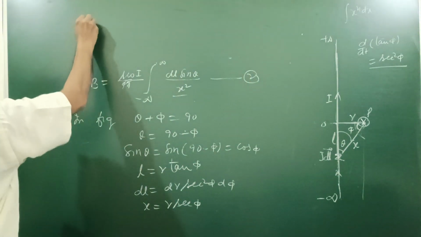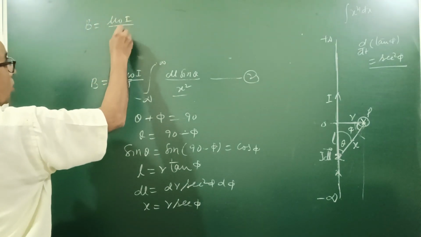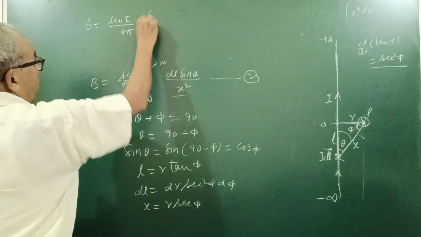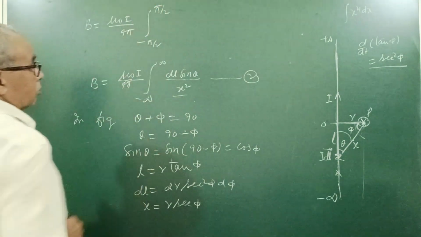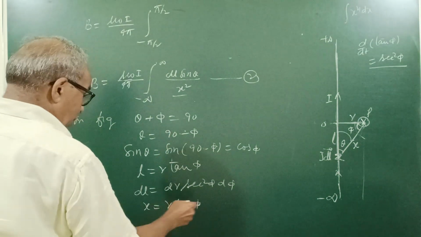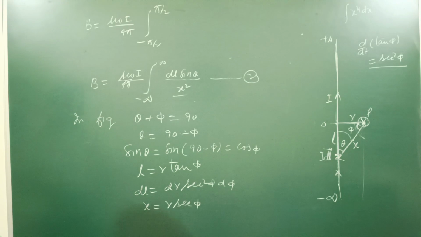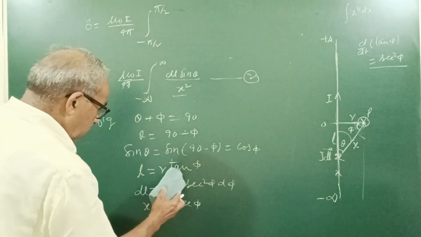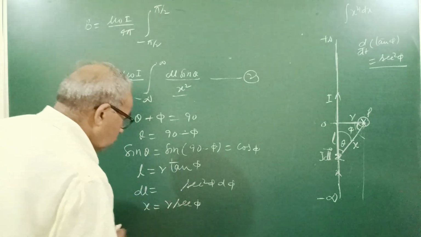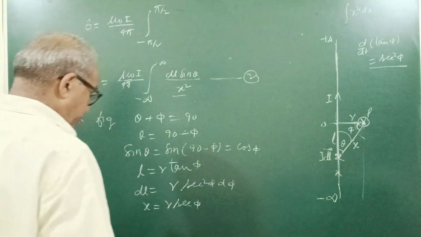We get B equal to mu 0 I upon 4 pi, integral from minus pi by 2 to pi by 2. dl, in place of dl we use what? dl is equal to r sec square phi d phi.